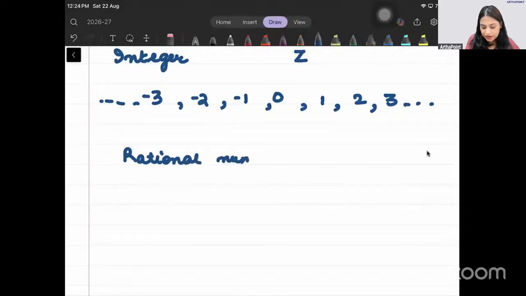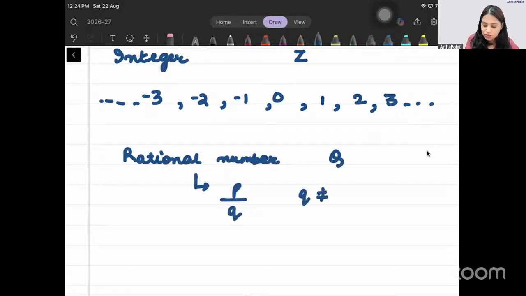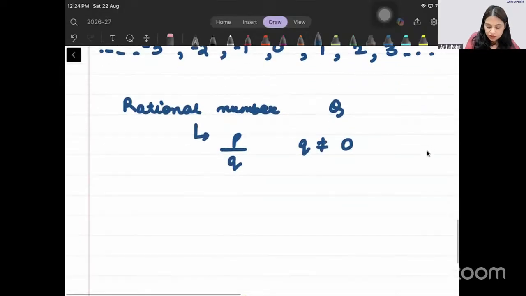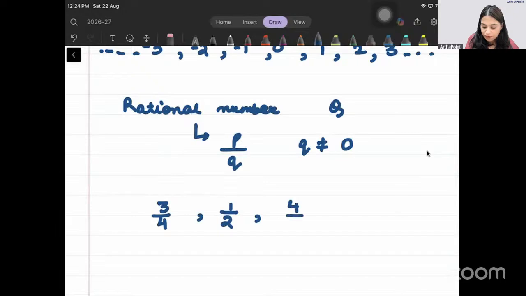Rational numbers are represented by Q, and this is any number which is in P by Q form where Q is not equal to 0. So 3 by 4 is a rational number, 1 by 2 is a rational number, 4 by 1 is a rational number, 5 by 2 is a rational number, etc.